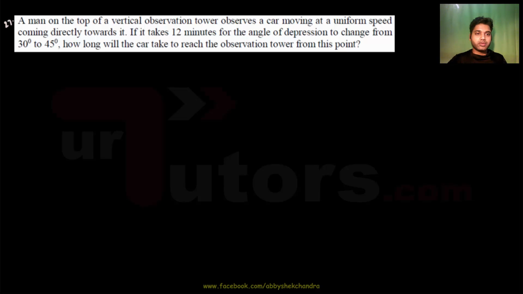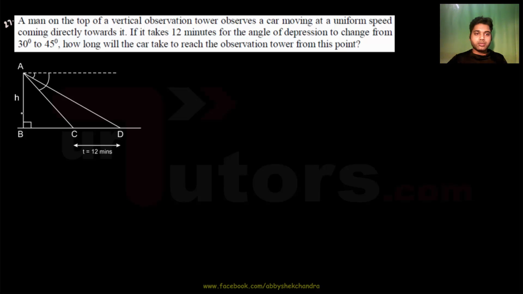So let me show you the figure for this. AB is the vertical observation tower with height h, and the car was initially at D. From D to C it reached in 12 minutes with a uniform speed, let's say U, and the angle of depression changed from 30 degrees to 45 degrees. So if this is 30 degrees, this will also be 30 degrees.